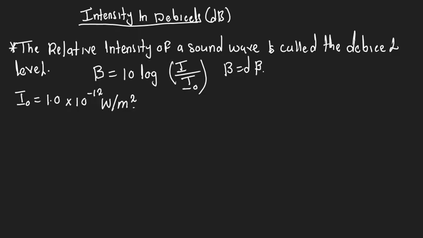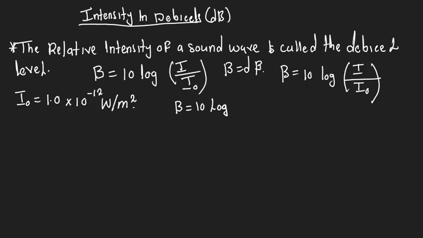So this formula can also be written as B is equal to 10 log the intensity over intensity initial. So we can also use this to calculate the intensity. If we want to calculate the intensity, how do we transform the formula? Of course we have B is equal to 10 log intensity over intensity initial.